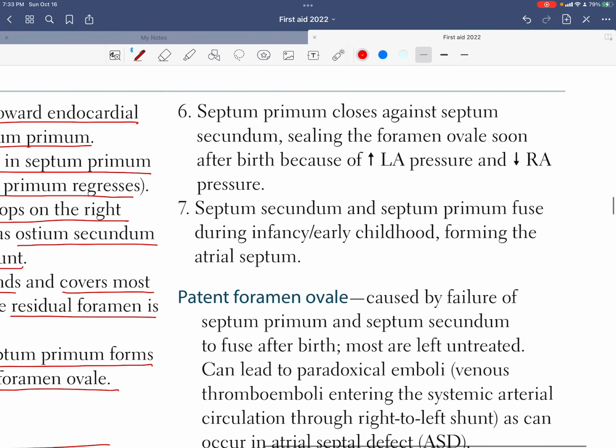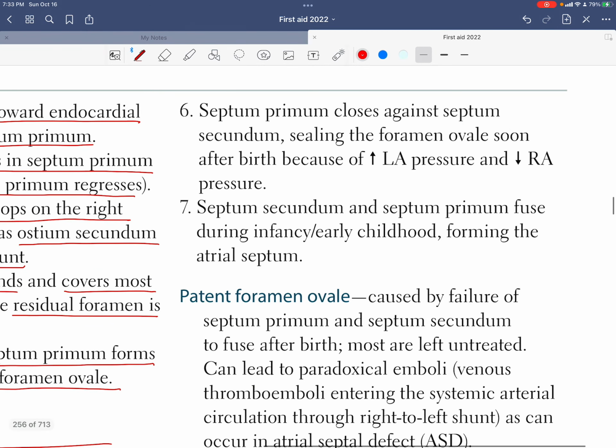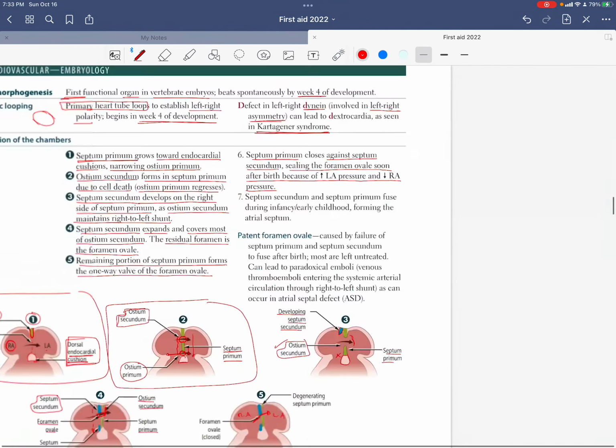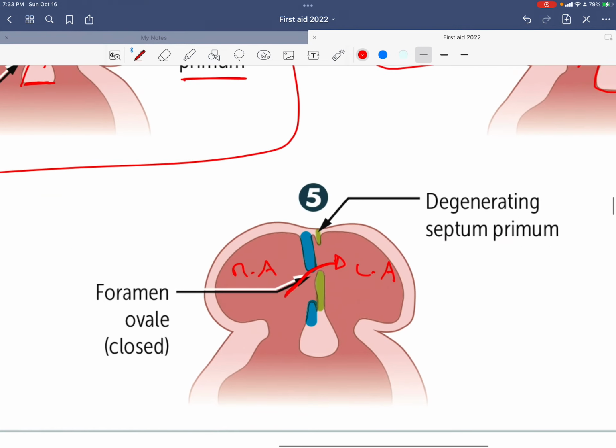But what happens in point 6 and 7 that is not shown in the image is that the septum primum closes against septum secundum, sealing the foramen ovale soon after birth, because of the increase in left atrial pressure and decreased right atrial pressure.